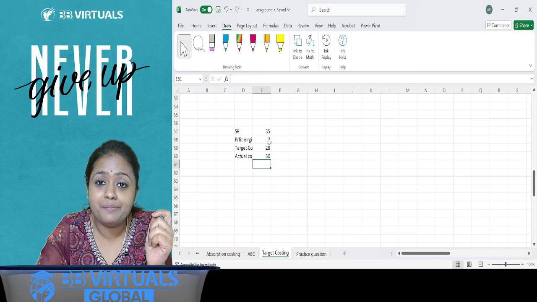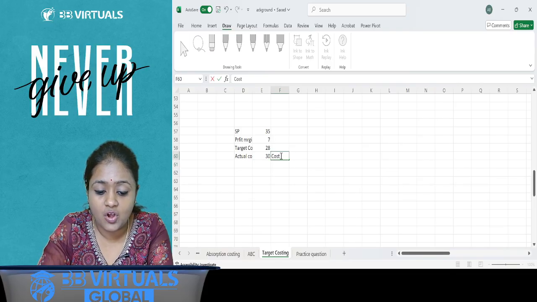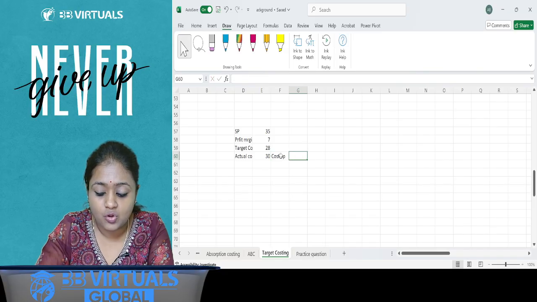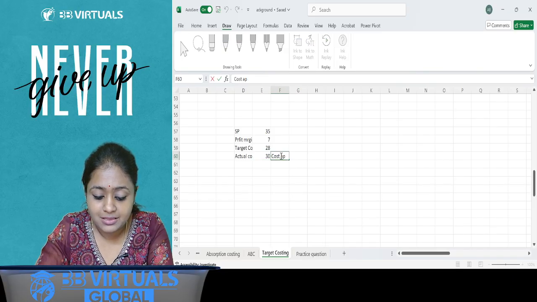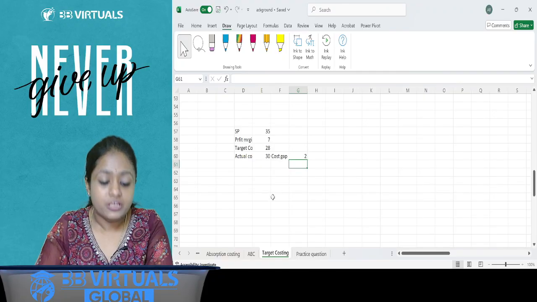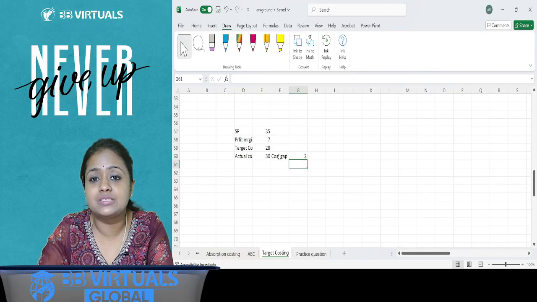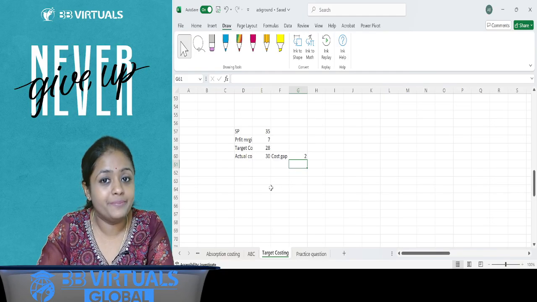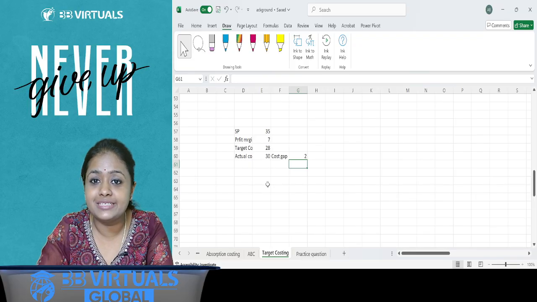So this 30 minus 28 is your cost gap. The cost gap is going to be 30 minus 28, which is 2. So we would take steps to close the cost gap. I hope I'm clear. Everyone, absolutely clear till this point?